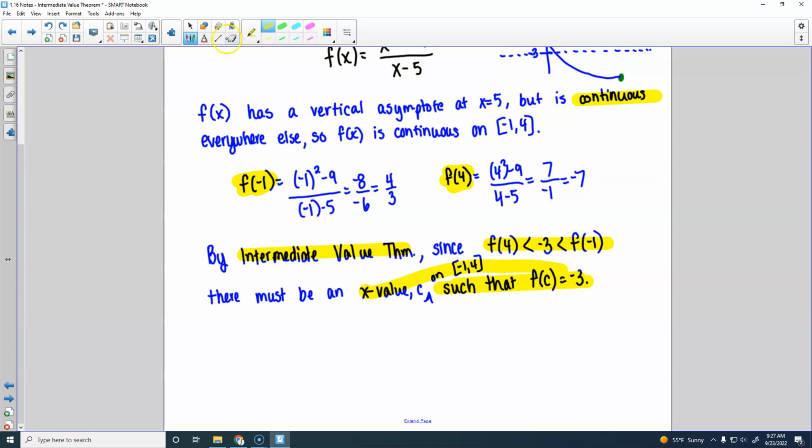So if we want to write that out, continuous always has to come first. Then values at endpoints.